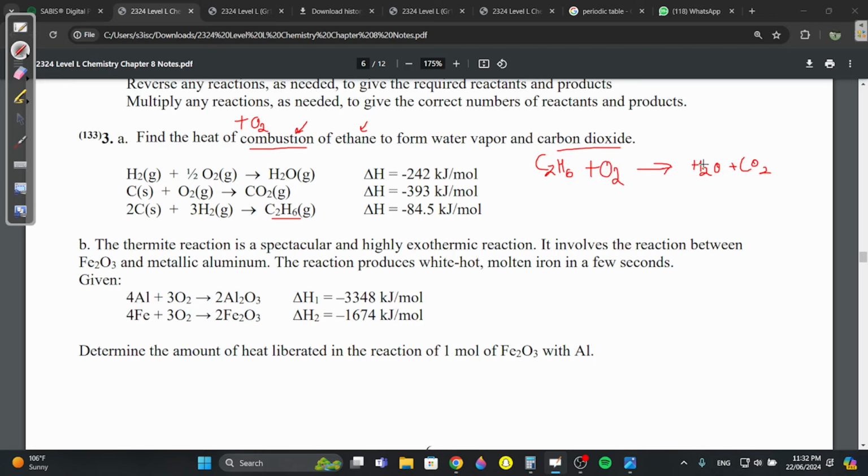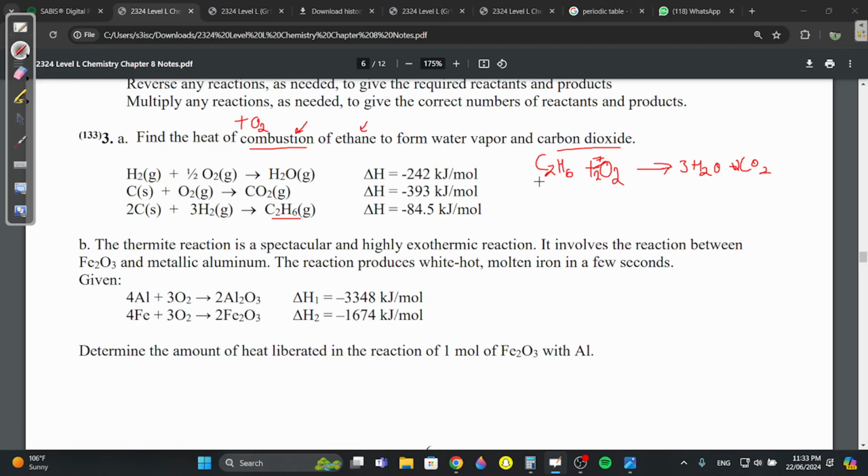It's not balanced, so balance it first. You're going to want 3 here, so 3 oxygen. Multiply the CO2 by 2 because you need 2 carbons. Now you have 4 oxygens plus 3 oxygens, so 7 on the right side. Let's multiply by 7 over 2 to make things easier. So our final equation should be like this.